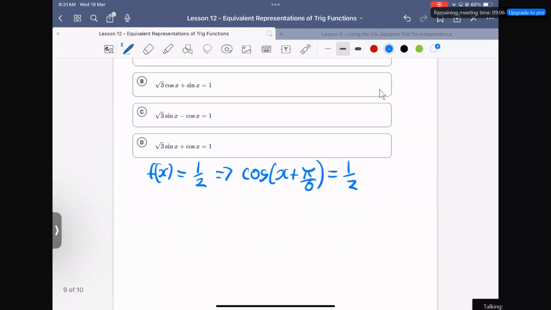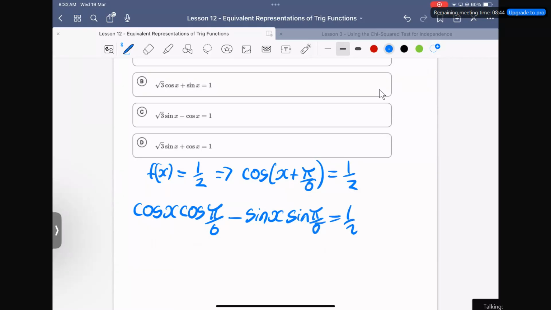Let's expand that using the compound angle identity. Now it's cosine, so we get cosines first: cosine x, cosine pi over 6. It's cosine, so everything's backwards: minus sine x, sine pi over 6, is equal to a half.